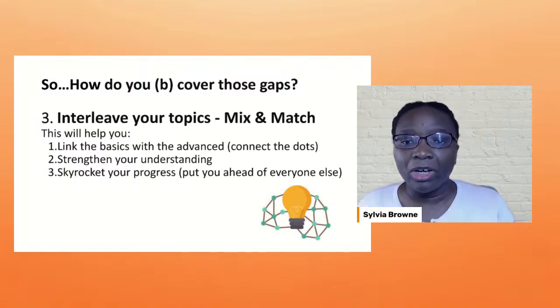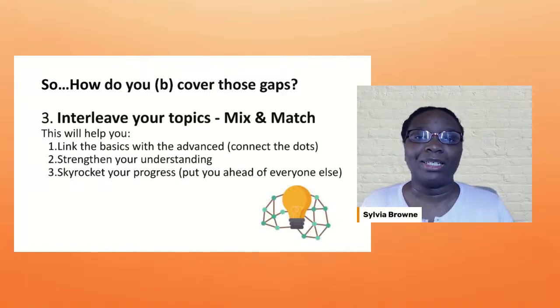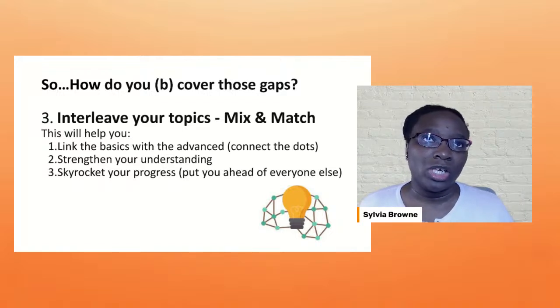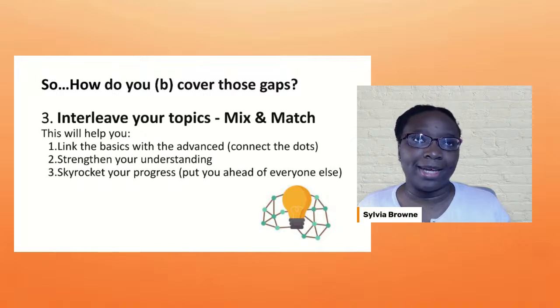And a third way that we can cover the gaps in our knowledge, the fancy word for it is to interleave, but it's really just to mix and match what we are learning. And there's various ways you can do this. You can mix your subjects, right? You can do a bit of biology today, a bit of chemistry today, a bit of history today, right? A little bit, 20 minutes each.